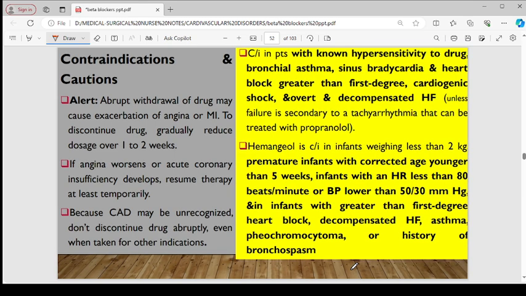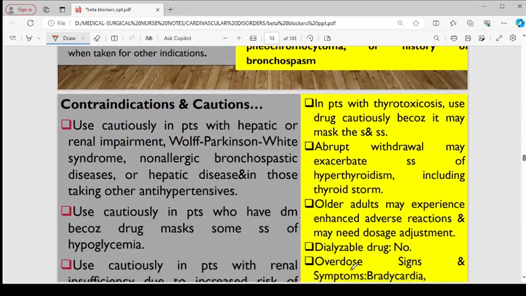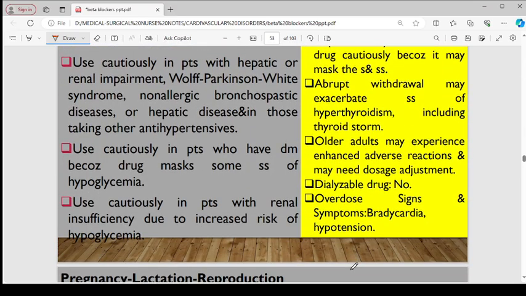This drug is contraindicated in patients who have known hypersensitivity to the drug, bronchial asthma, sinus bradycardia, heart block greater than first degree, cardiogenic shock, and overt or decompensated heart failure.